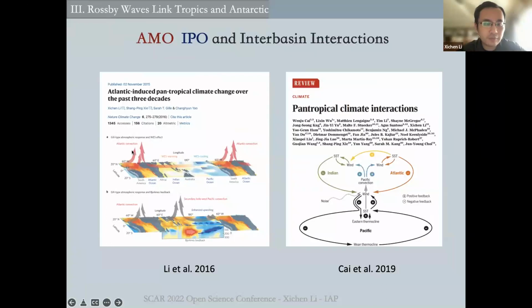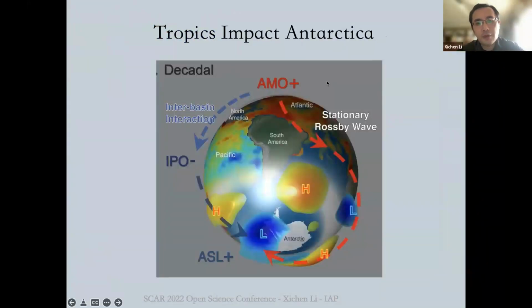And another aspect of this story is that the IPO and AMO are not independent. Some recent work shows that the positive phase of AMO can drive the negative phase of IPO through tropical interbasin interactions. So then the whole story is that we have a positive phase of AMO. It generates long stationary Rossby wave trains that propagate to the West Antarctica and deepen the ASL low, leading to an anomalous low pressure center around the West Antarctica.